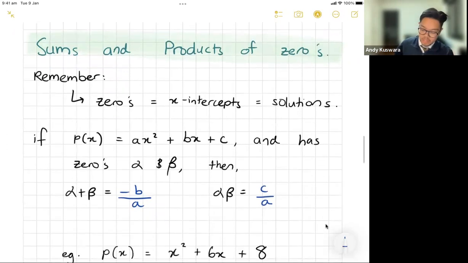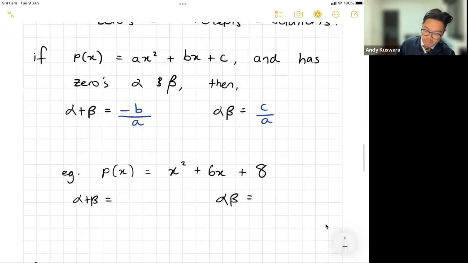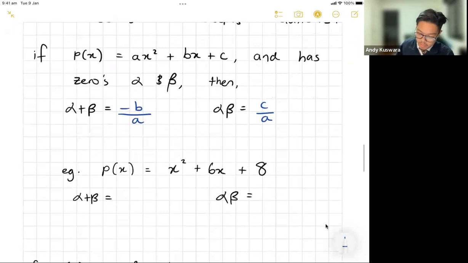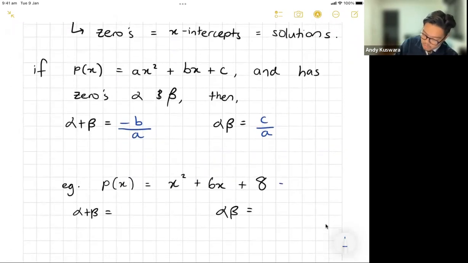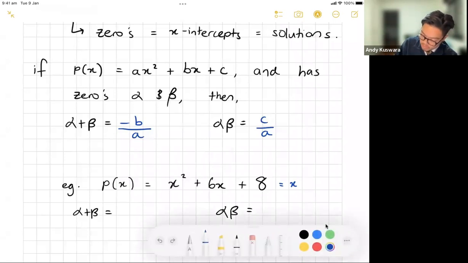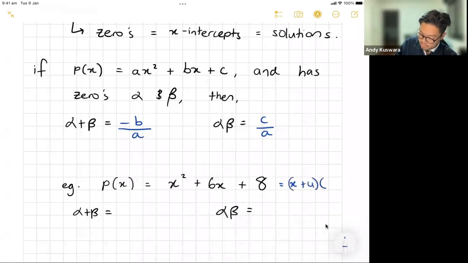Okay, now just to show that it kind of works, let's look at this one here. We've got x squared plus 6x plus 8. Now, just to do the math here, this is going to be x plus 4, x plus 2. And so technically my zeros are going to be minus 4 and minus 2.